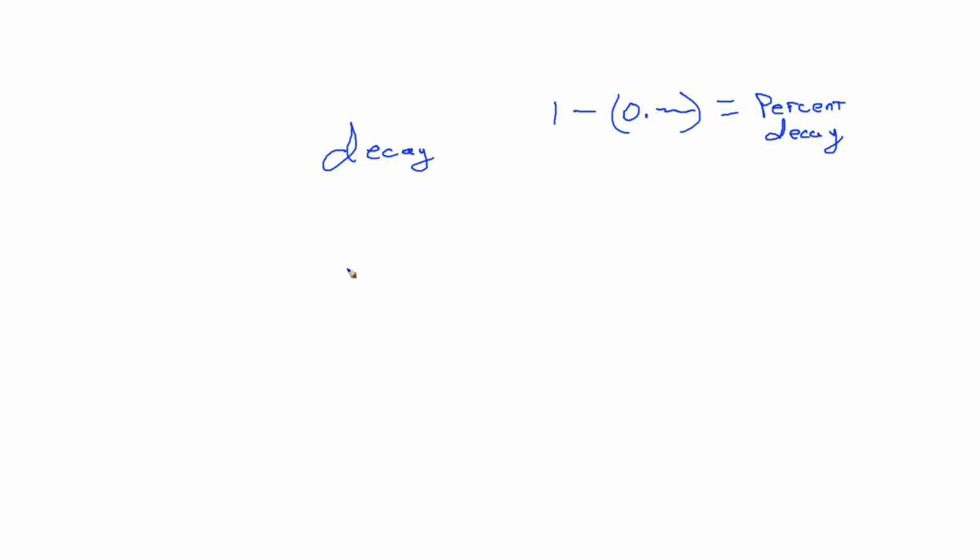Now, if it's growing, then you just ignore. So here's that number here. It would be a 1 point whatever. If it's growing, then you just simply ignore that. Okay? And you got 12%. So that's your percent growth.